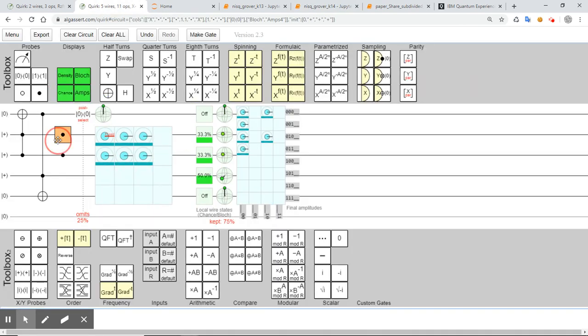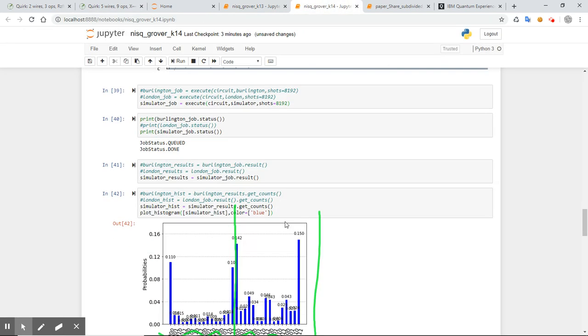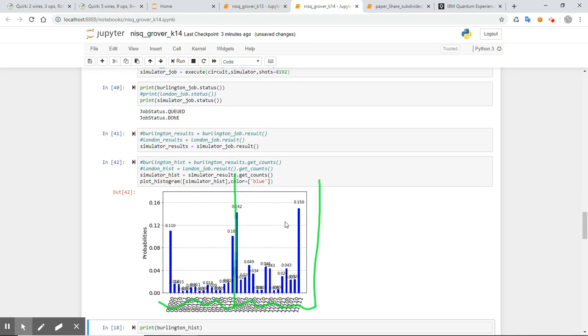If I don't uncompute. So now basically I wouldn't be able to keep working on this, I guess. Or I'm not so sure how to interpret these then.